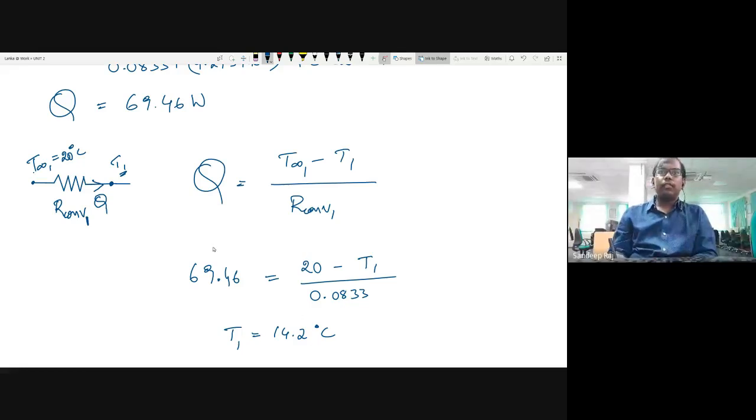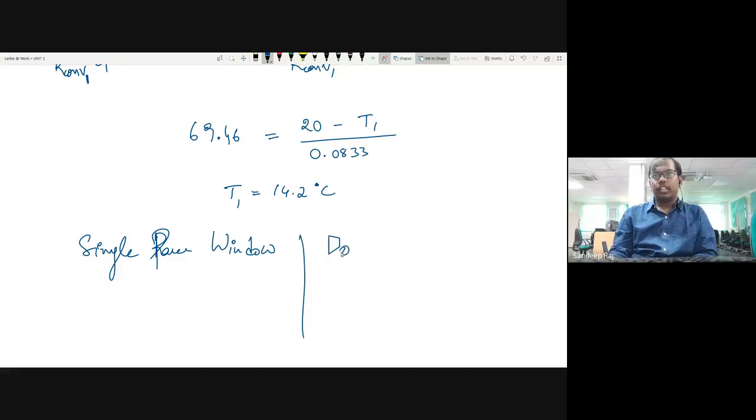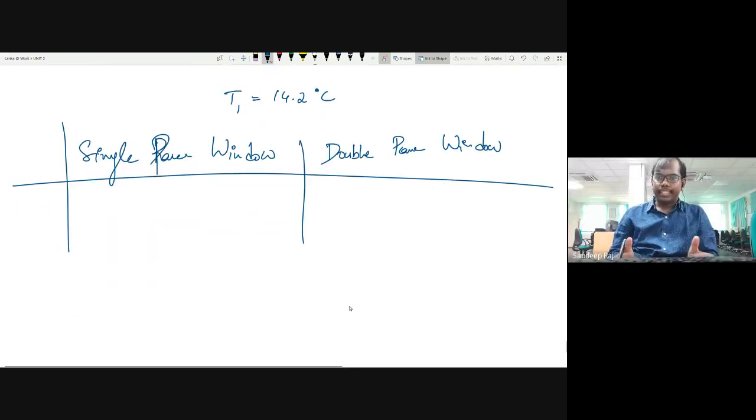Good. Now, what is the Q value for your single pane window? For the single pane window and the double pane window, you have the same environment on either side, on the room side and the atmosphere side.